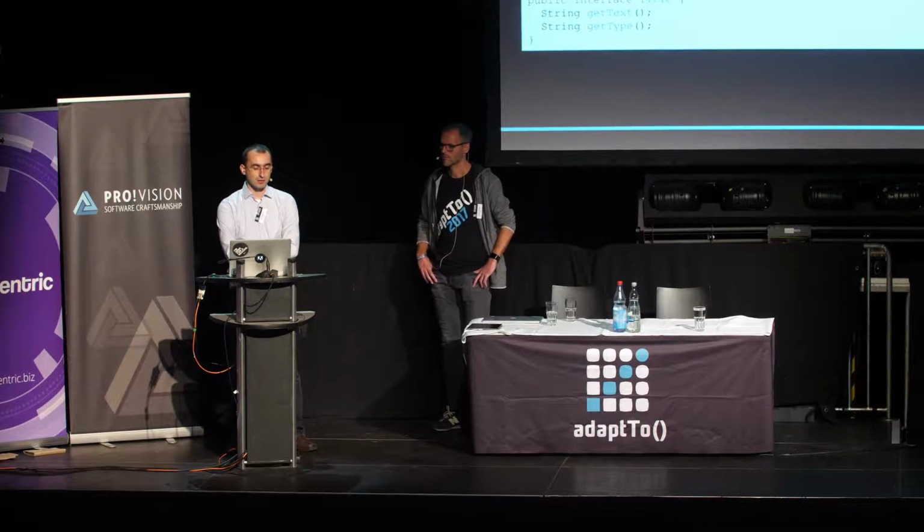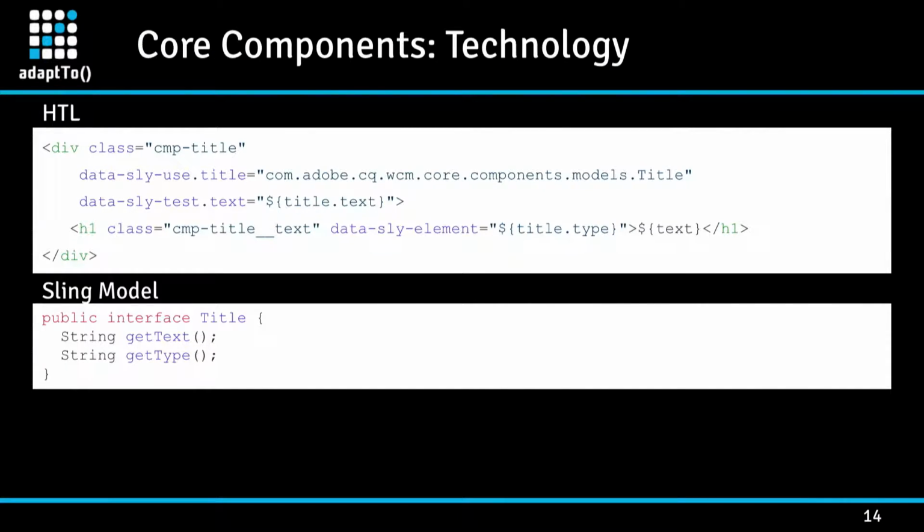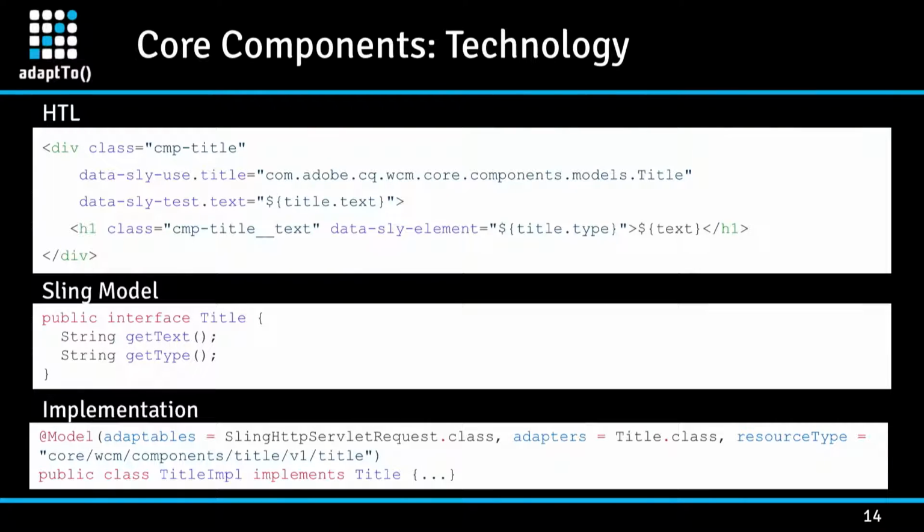The corresponding Sling model is just an interface which exposes the methods that are needed to render the output. And of course, we also provide implementations which are targeting that model, but they are also targeting a specific rendering script by using the resource type.